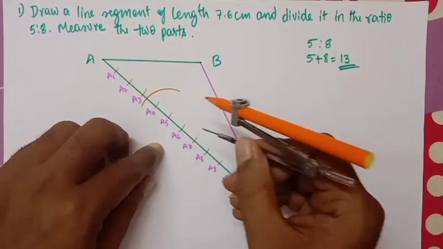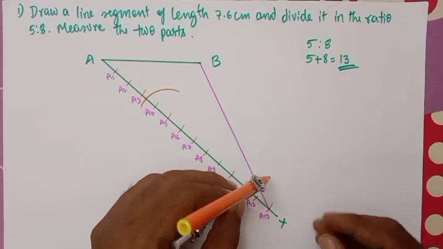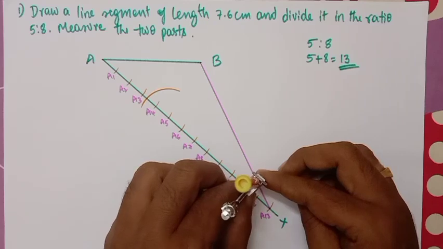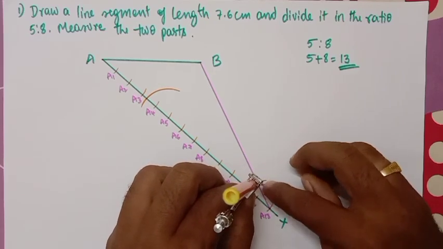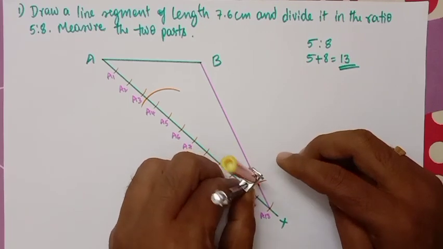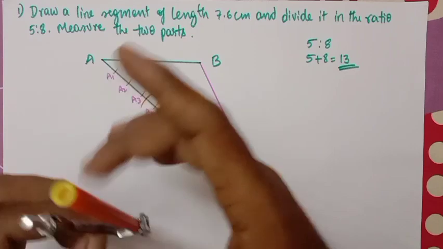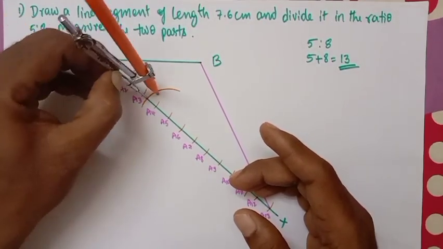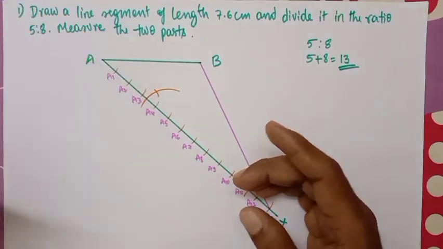And then you should adjust the compass to the point of contact of this arc with the line, and then draw an arc. And the same arc has to be drawn from this point.